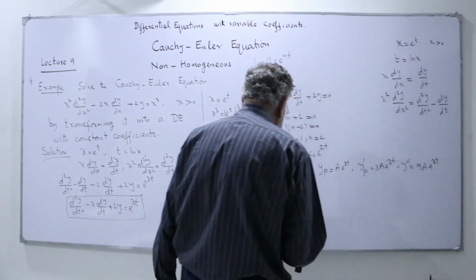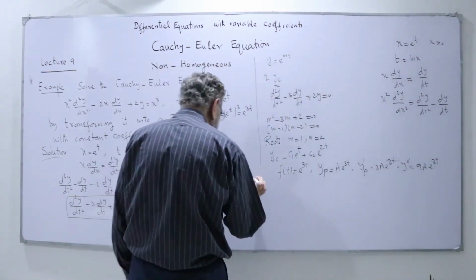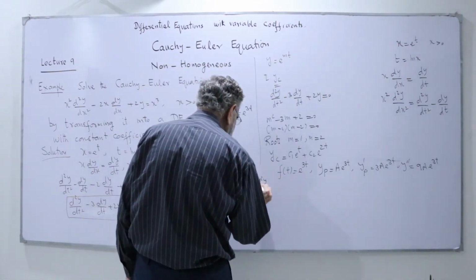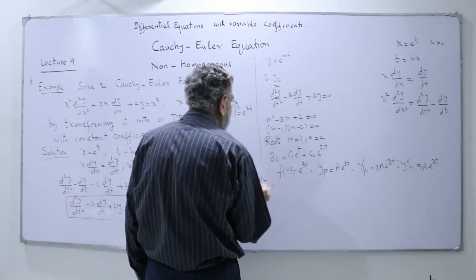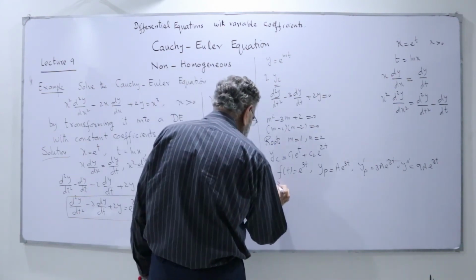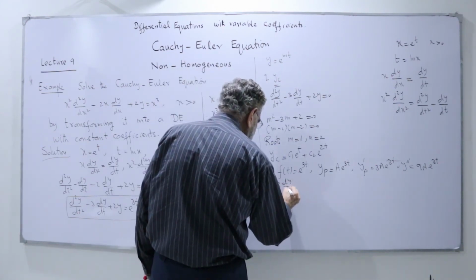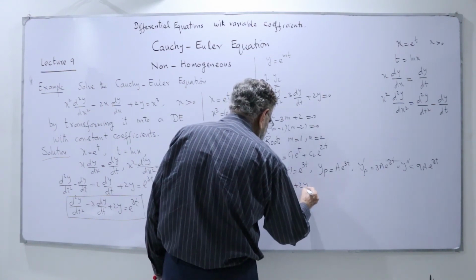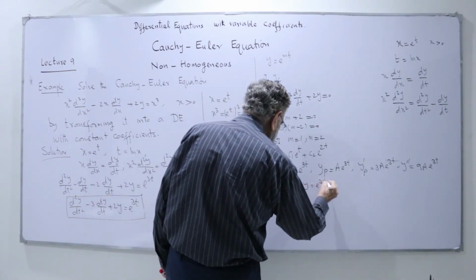Substitute into the differential equation. Our differential equation is d2y by dt squared minus 3 dy by dt plus 2y equal to e to the power 3t. I substitute here.